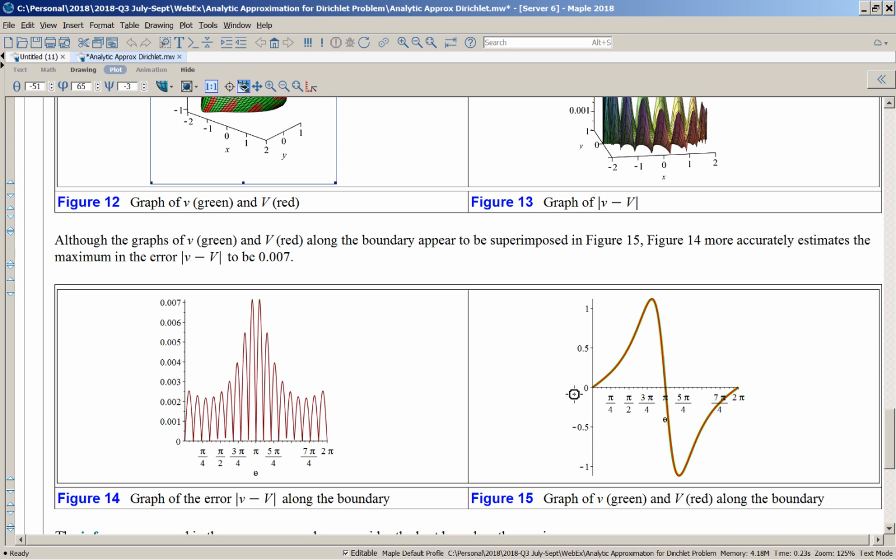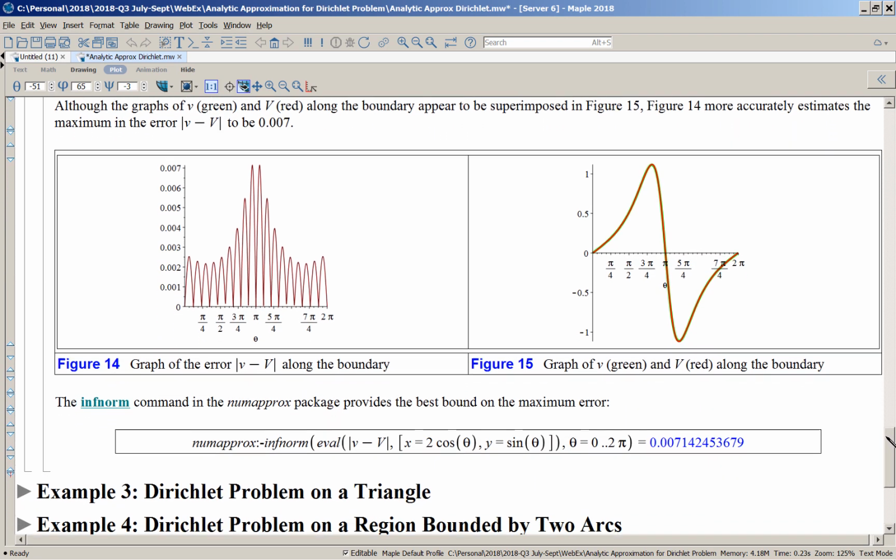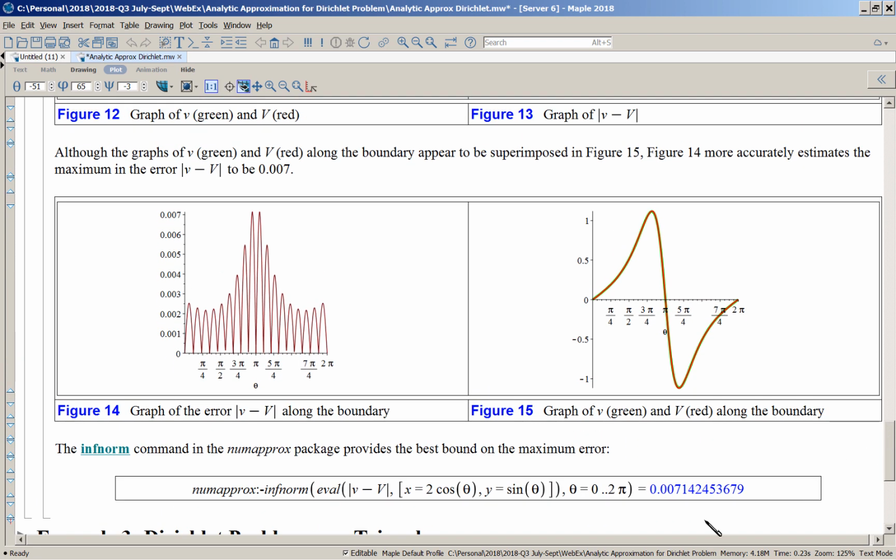If you look at the graphs of the exact and approximate along the boundary, they look to be right on top of each other, because a graph is not going to pick out a difference as small as 7/1000ths. So here's numerically. Let's get the inf norm of the difference in absolute values working along the boundary.